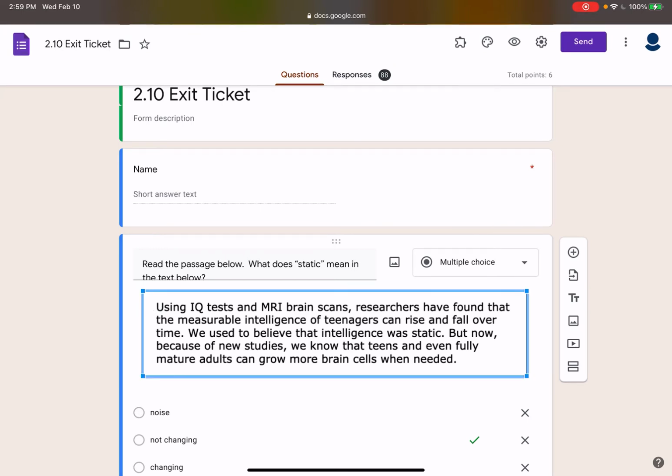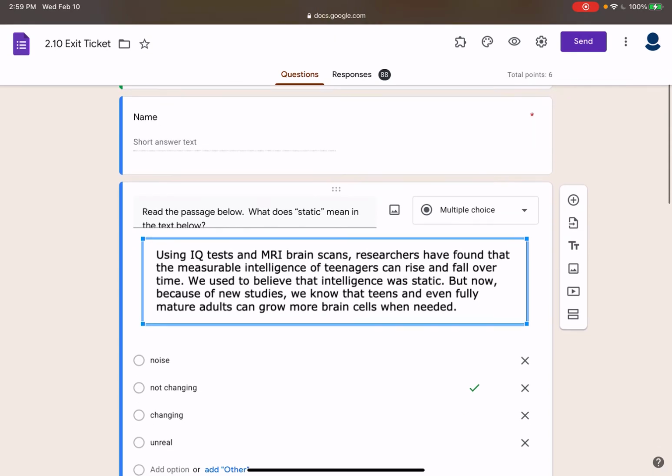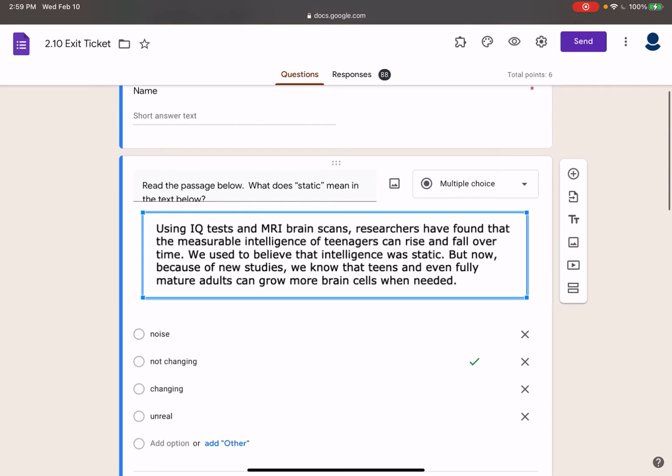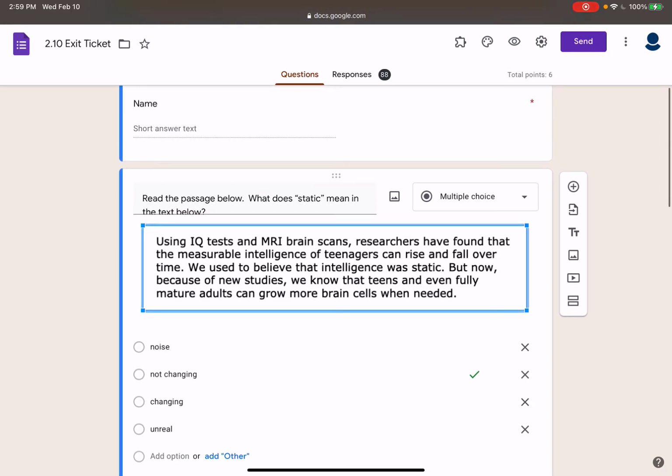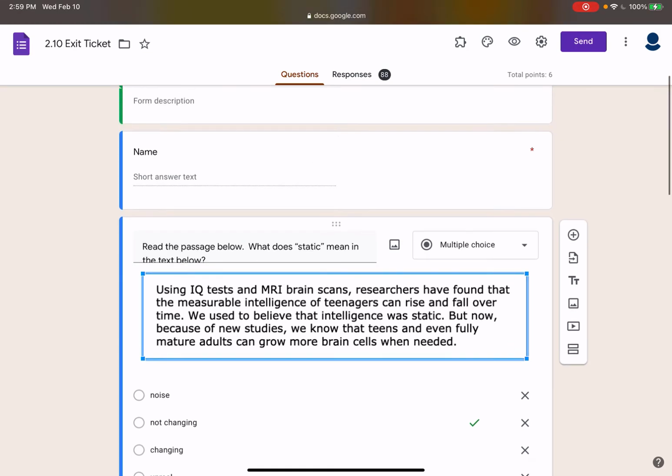So that's the opposite of what they just mentioned in that first sentence. So static means it stays the same. But now, because of new studies, we know that teens and even fully mature adults can grow brain cells when needed. So static in this case means not changing, right? Not changing. So they're giving you counter examples.